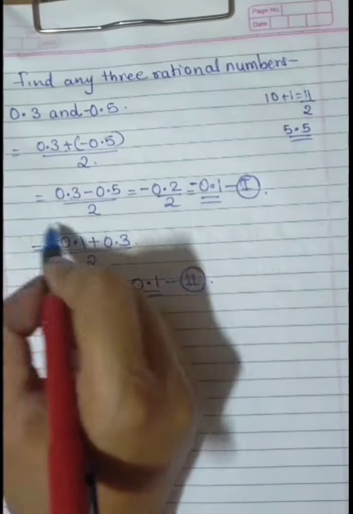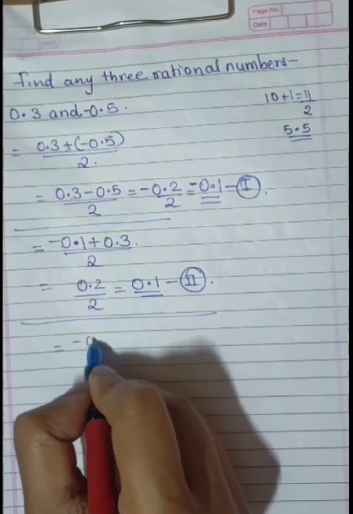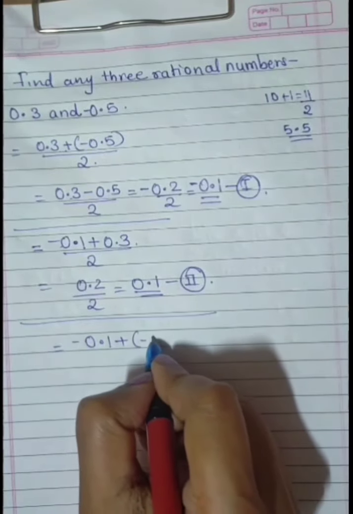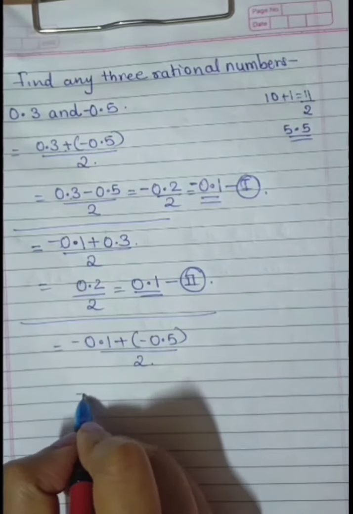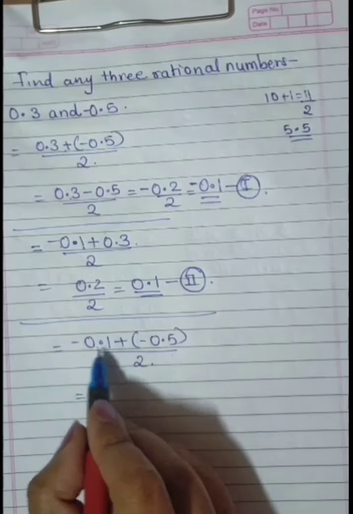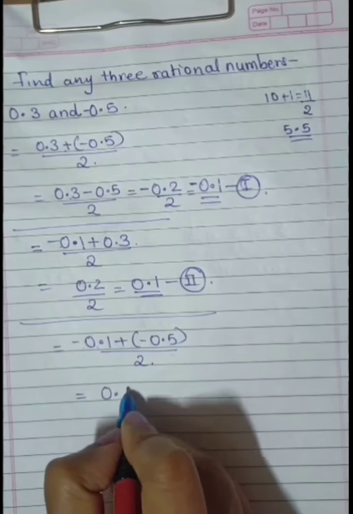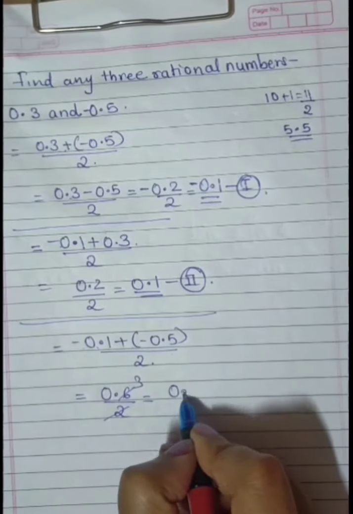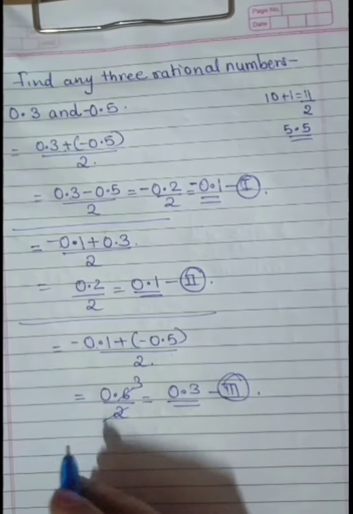Now the third I am going to solve, that is minus 0.1, and what is the next number? Plus minus 0.5 upon 2. Now here also you can see we will get what? Minus will become plus, so the answer will be 0.6 upon 2. Answer will be 0.3, and the third number also we got.